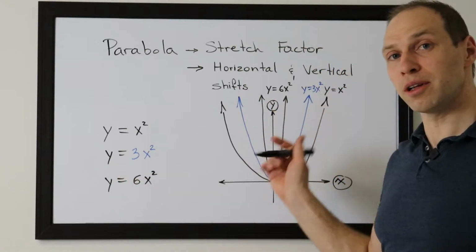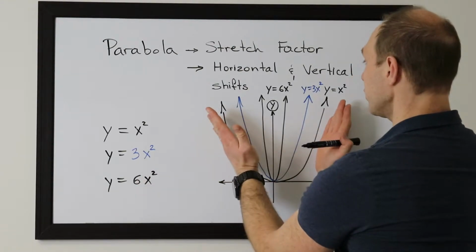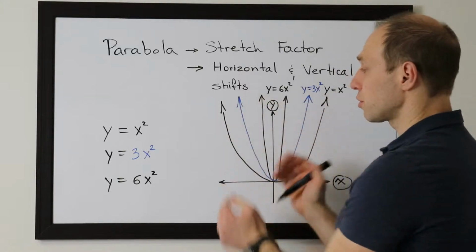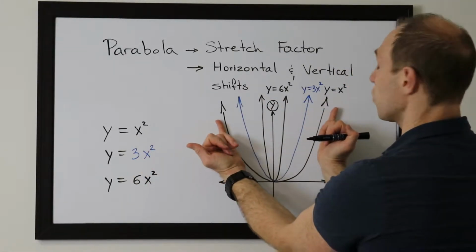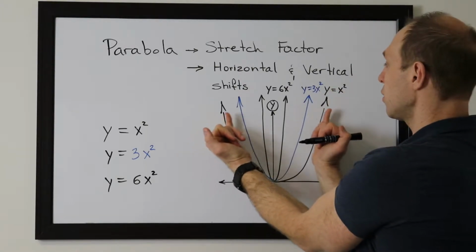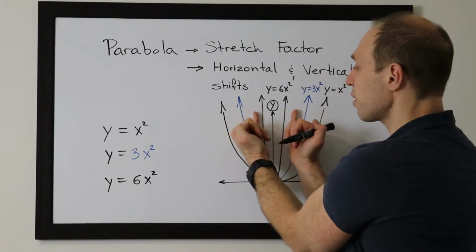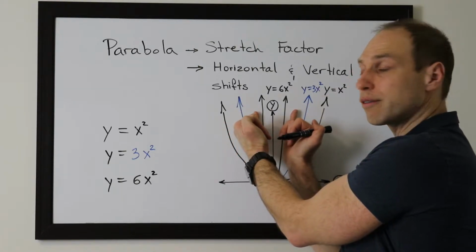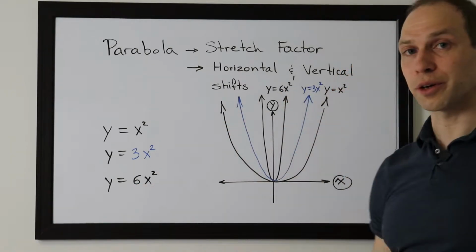When we're talking about a parabola, it represents its stretch factor. So the higher the number is, the more it narrows. And so you can see that the parabola actually went from being wide open, y equals x squared, y equals 3x squared, to being very narrow when you have a stretch factor of 6 now, y equals 6x squared.